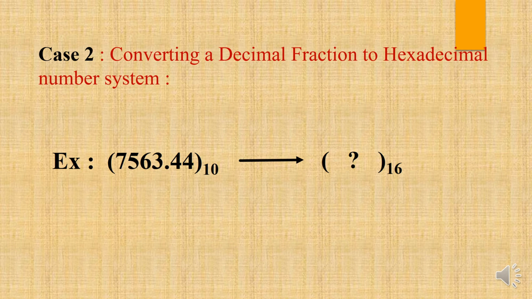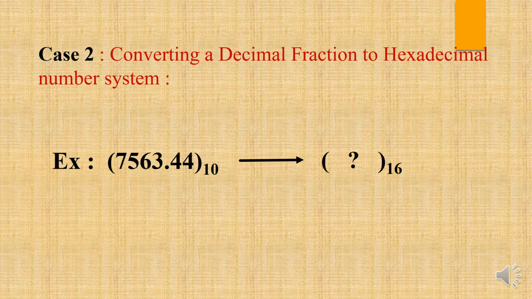In this example, the left hand side portion of the decimal point is 7563, which we have already solved in the previous example. So we will solve the fractional part.